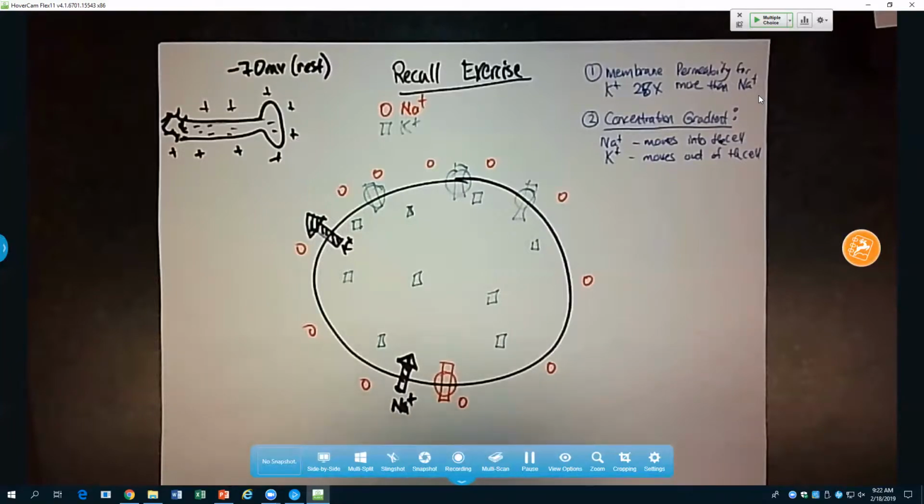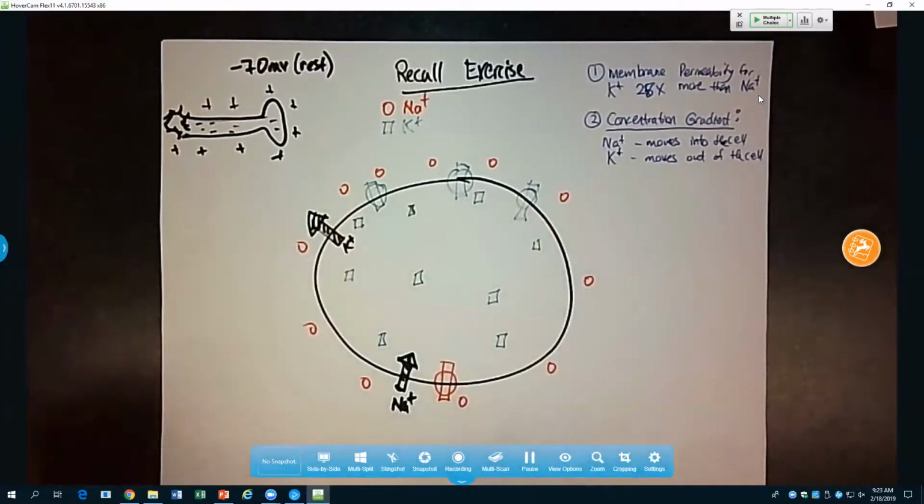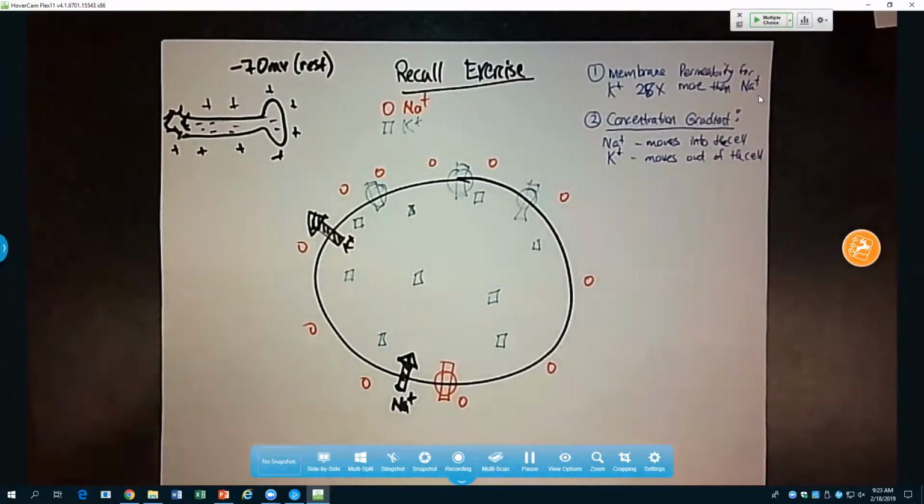Right, so what's the net effect of sodium and potassium moving according to their concentration gradient, keeping in mind that there are more potassium channels than sodium channels? Right, perfect.